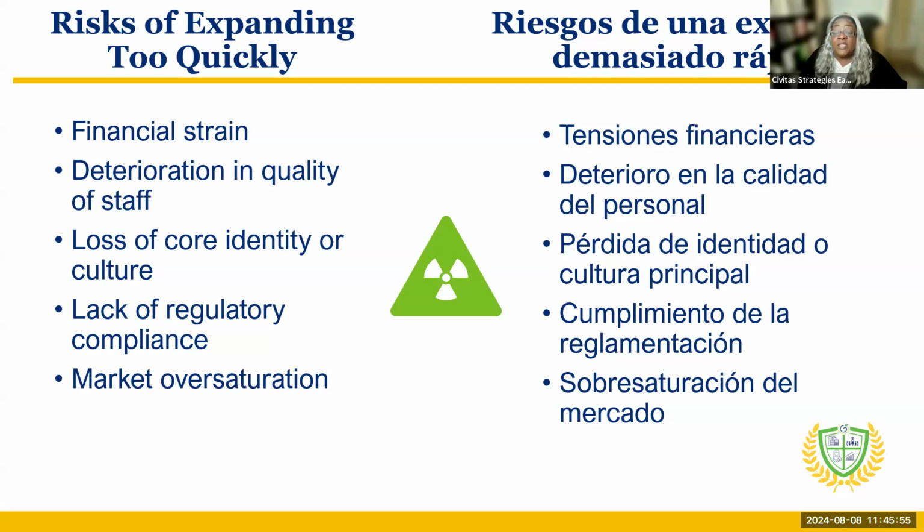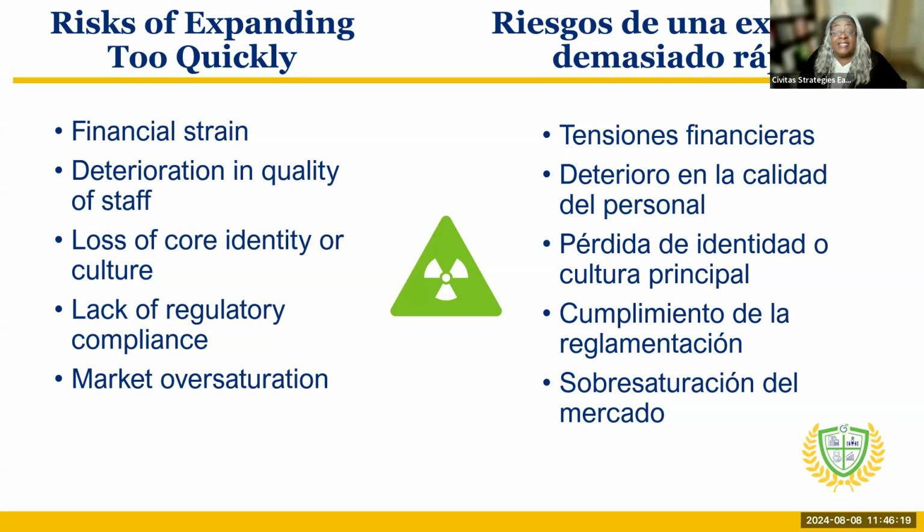And lastly, there's the risk of market oversaturation. Now, if you expand too quickly without thoroughly assessing long term demand, you might find yourself with more capacity than your local market needs, leading to under-enrollment and financial strain.